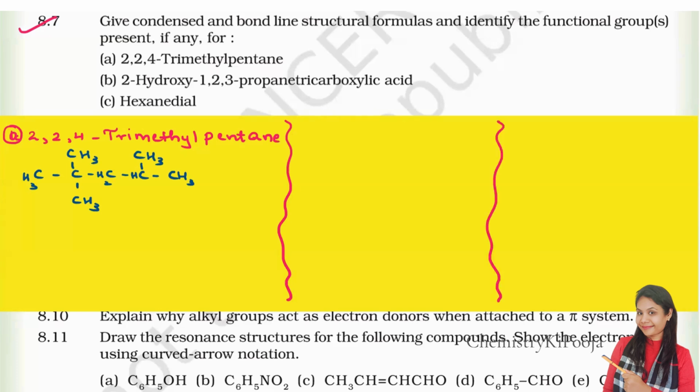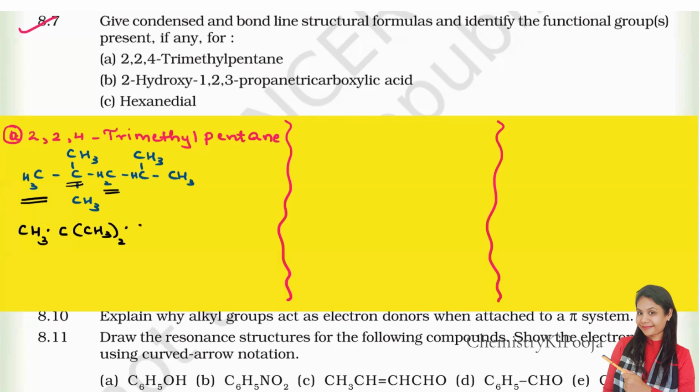Now, after this, I'm going to write down the condensed formula. In order to write down the condensed formula, whatever is the same or repeated, we are going to write it down in the bracket. Clear? So CH3 we have here. After the CH3, I'm going to put this carbon, and on this carbon, 2 CH3. So write down CH3 2 times in the bracket.